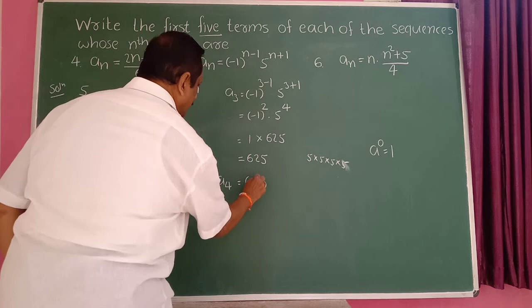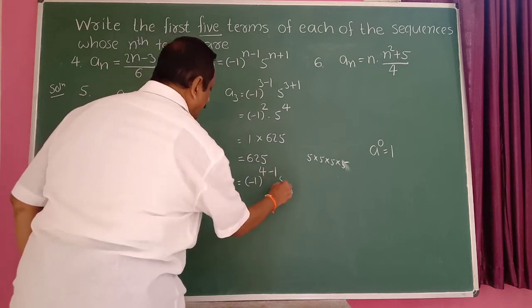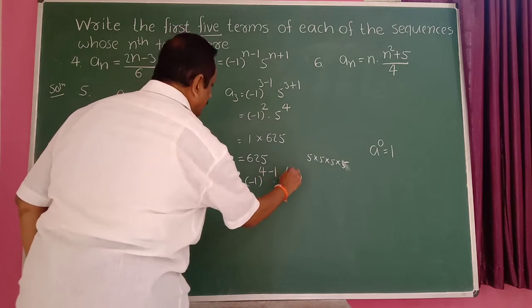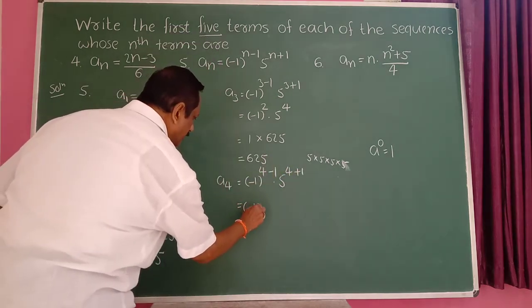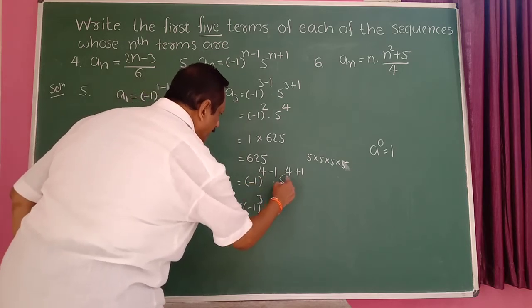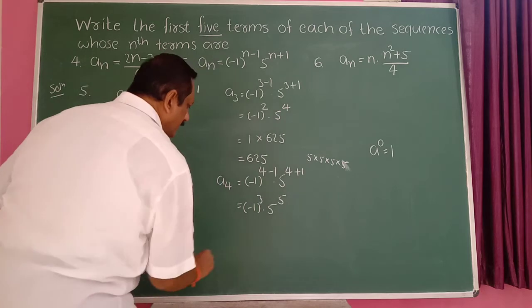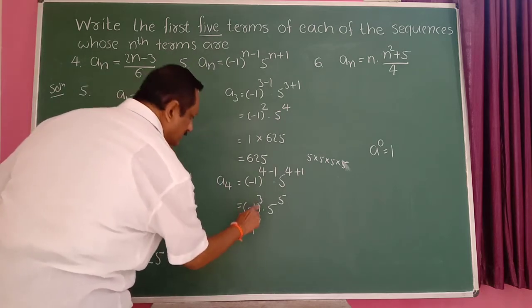So minus 1 raised to 4 minus 1 into 5 raised to 4 plus 1. This is equal to minus 1 raised to 4 minus 1, which becomes 3, then 5 raised to 4 plus 1 is 5. So minus 1 raised to 3 becomes minus 1, because 3 is an odd number.